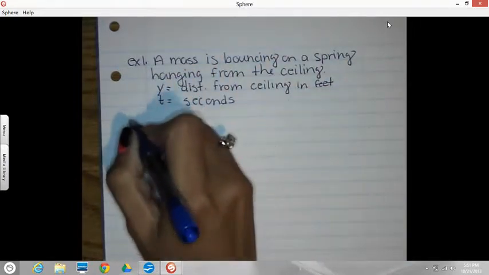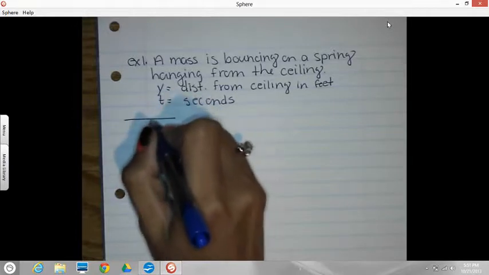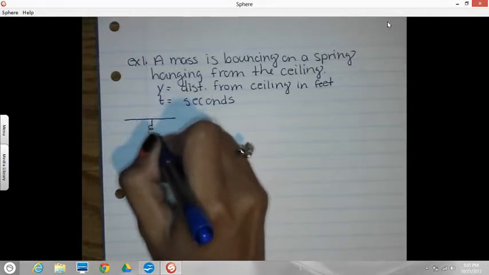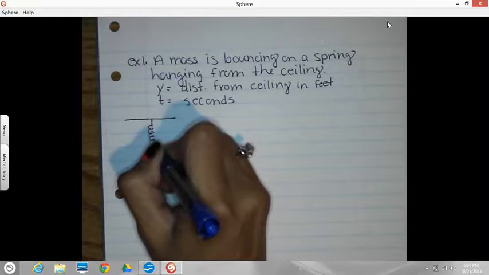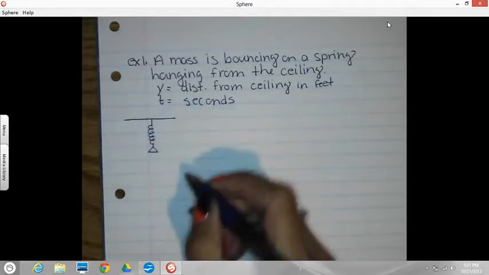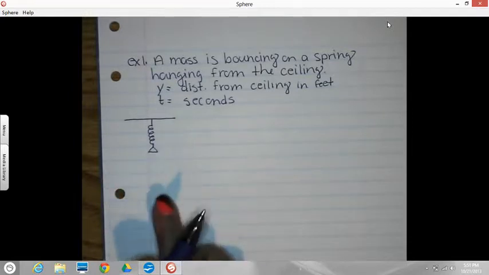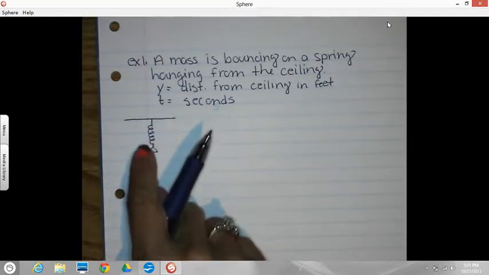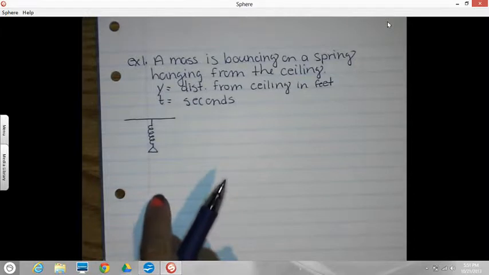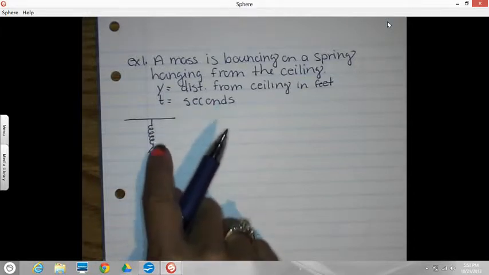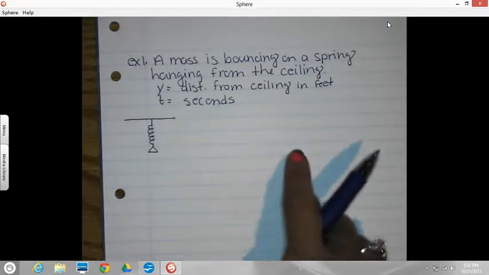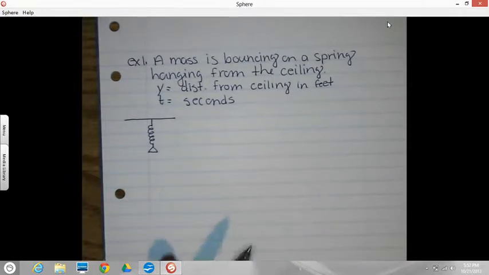So if you think about it, you got this ceiling, you've got a spring, and you got this weight, that mass on the bottom, and as you pull that and you let it go, it's going to bounce up and down, and that distance from the ceiling gets bigger as it goes down, and it gets smaller as it goes up because it's getting closer. So it's going to make that nice cosine graph. So this is what we know.